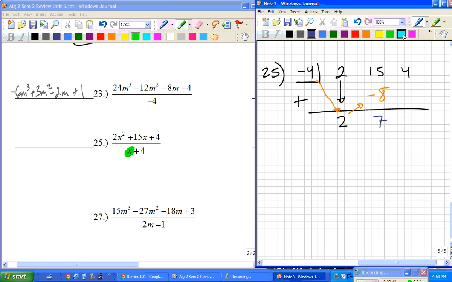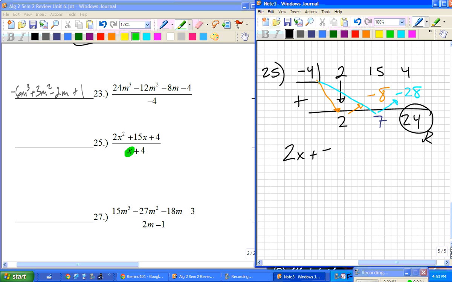7. Okay? Negative 4 times 7 is negative 28. We add those two up, and we get 24. Okay? And remember that this part right here is the remainder.